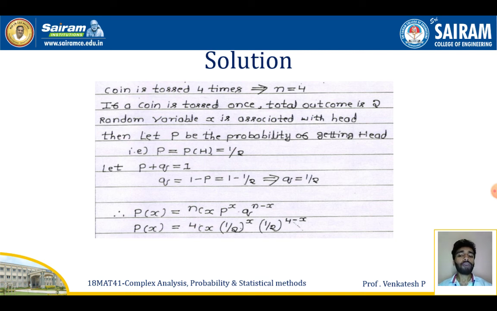So we have the formula P of x is equal to nCx p power x q power n minus x. So if I replace p is equal to 1 by 2, q is equal to 1 by 2 along with n is equal to 4, my equation will be like this: P of x is equal to 4Cx (1 by 2) whole power x (1 by 2) whole power 4 minus x.